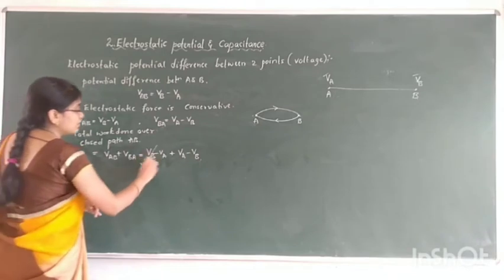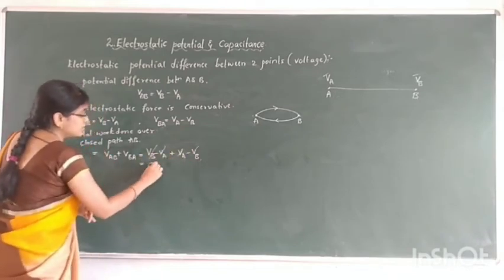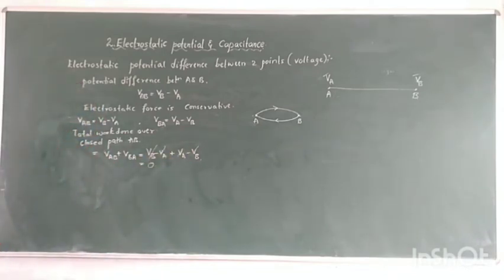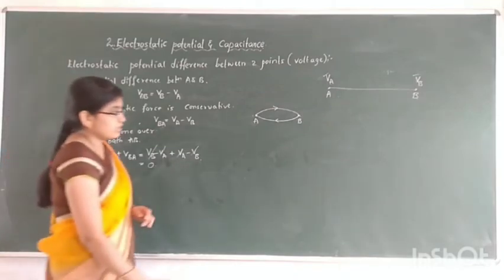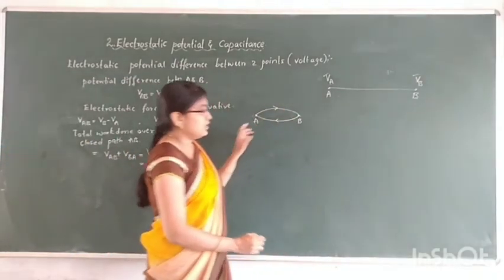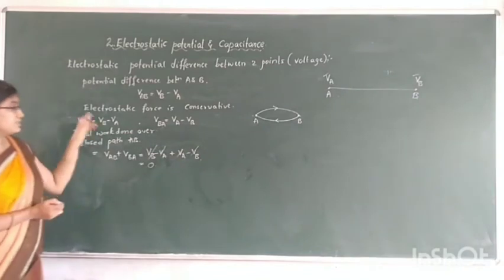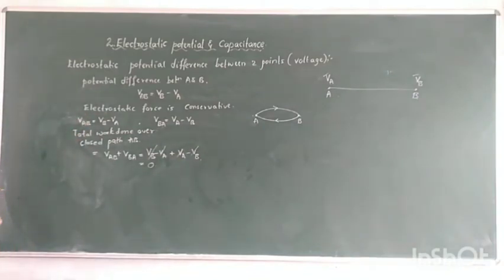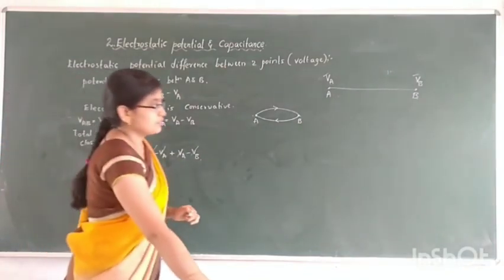These terms get cancelled, and it is equal to 0. This means the total work done over a closed path is equal to 0, which represents that electrostatic force is conservative in nature.